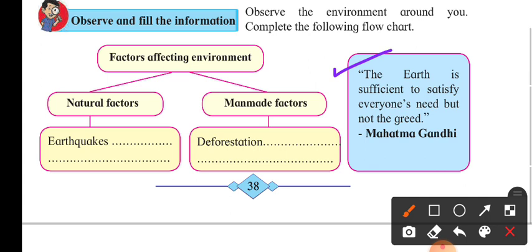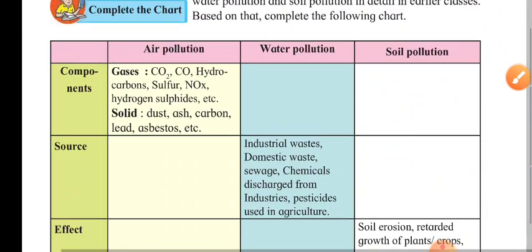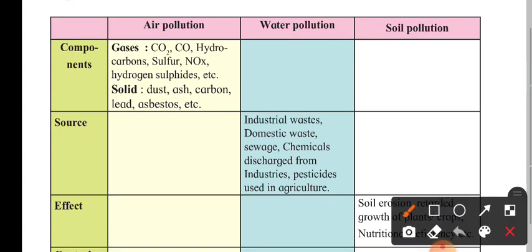Further, in this section, they have given us this particular table. This table is an assignment for you, which you have to complete. For air pollution, water pollution, and soil pollution, you have to write the components around you, the sources from where the waste or pollutants are coming out, and their effects.